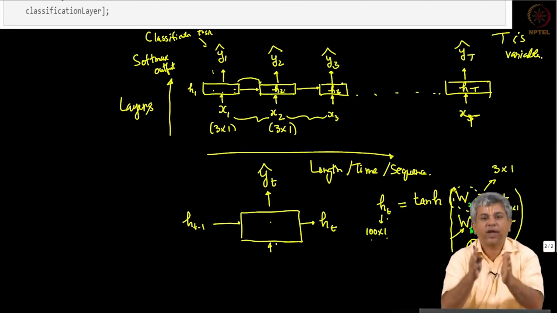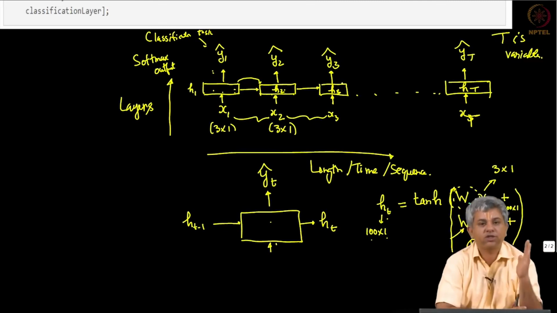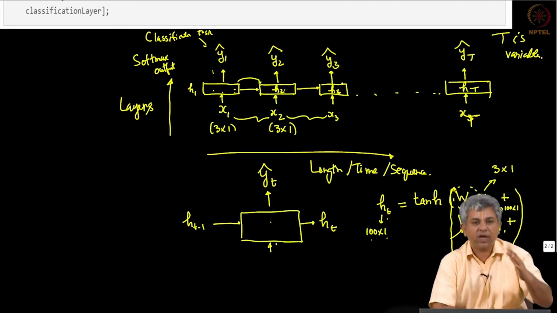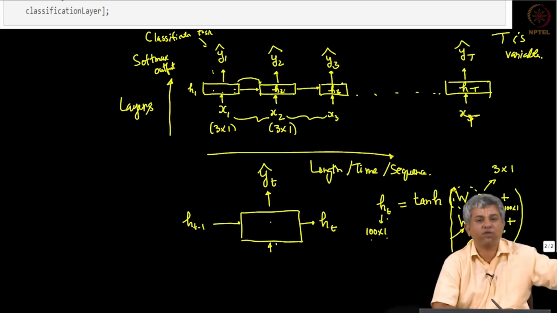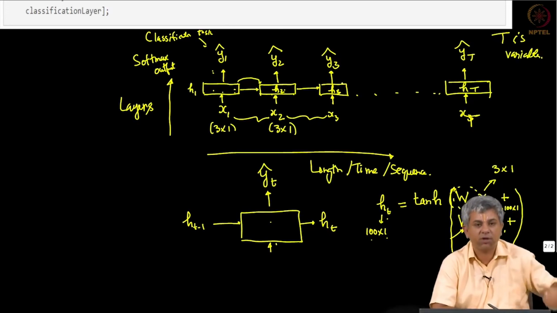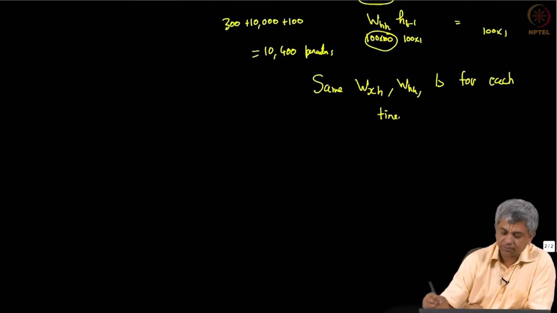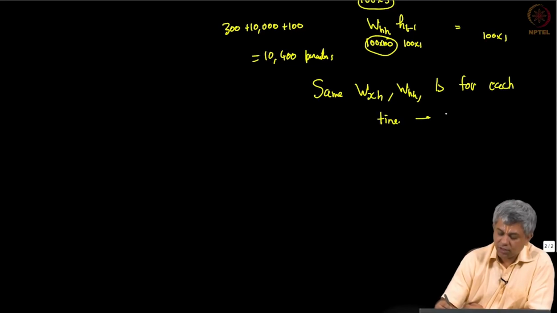So, from time to time you are going to assume that the matrices do not change, that is the relationship between H3 and H2 is the same as the relationship between H4 and H3 is the same as the relationship between H5 and H4. This is what gives power to the RNN. More than power, this is what gives compactness.